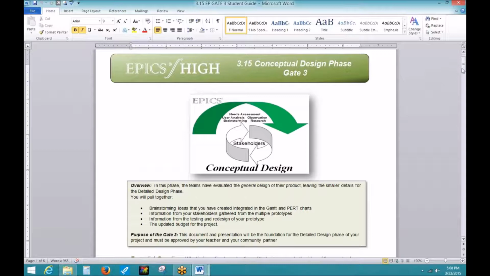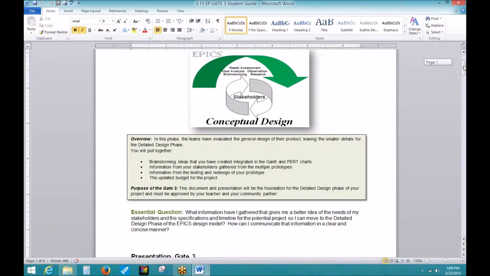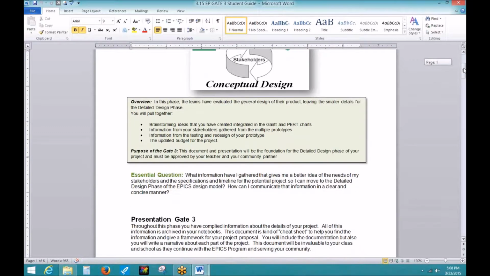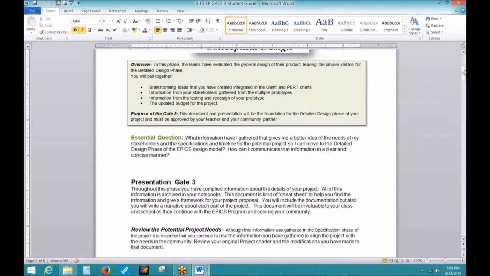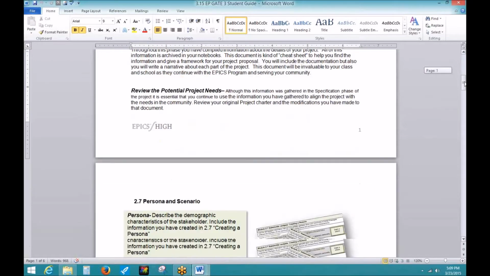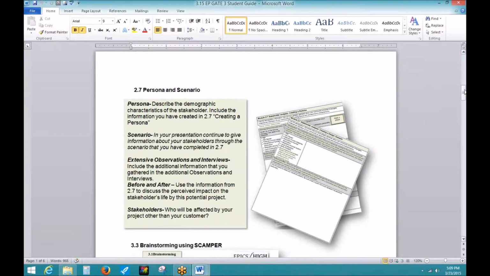Okay, conceptual design. As you were looking through this, is there anything that struck you about conceptual design and the important tools that go along with it? Yeah, I'll toss out one thing.